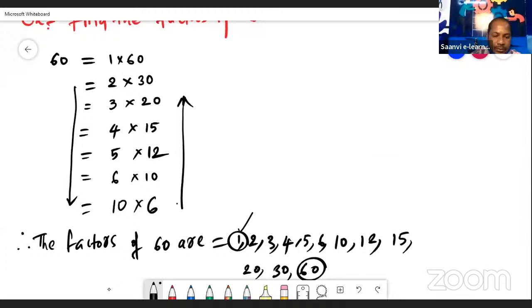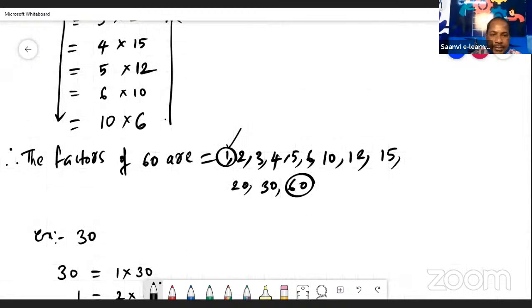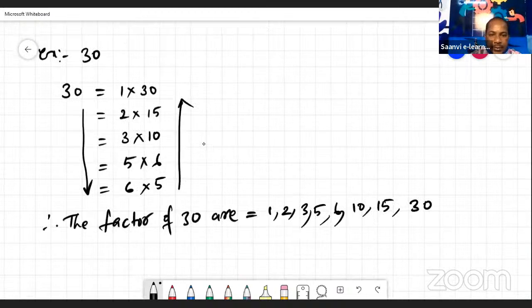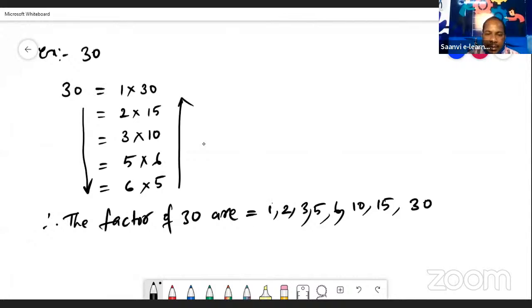Okay, and observe the second example. See here also 1 is dividing the number 30 and the same number 30 also divides 30. It means for every number, the common factors are 1 and itself.